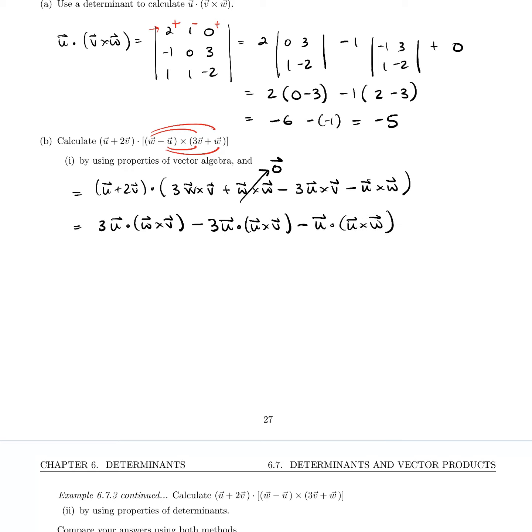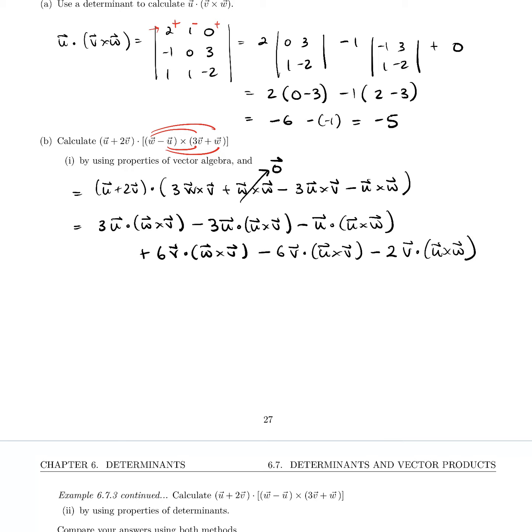So that's the u distributed, and now we'll distribute the 2v. So I'll go down on the next line. I'm running out of space here a little bit. So this is plus 2 times 3 is 6, v dotted with w cross v, and then I have minus 6v dotted with u cross v, and lastly I have minus 2v dotted with u cross w.